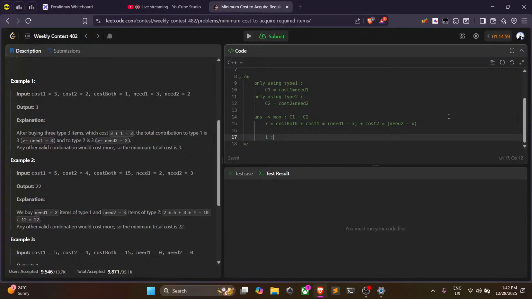The first one is C1 plus C2. The second one is we take need 1 times cost both, plus now we don't need the cost 1, because we have already taken this much, so cost 2 into need 2 minus need 1.